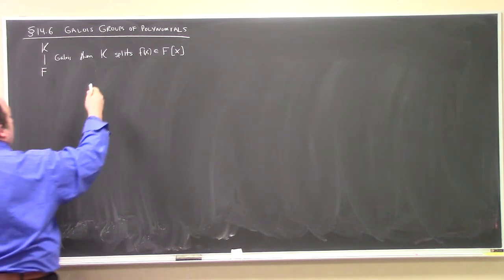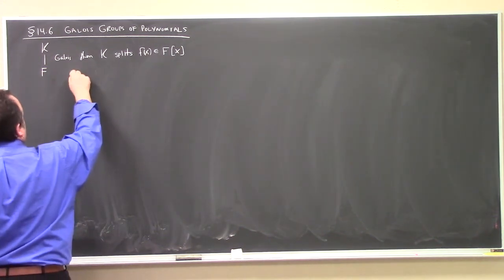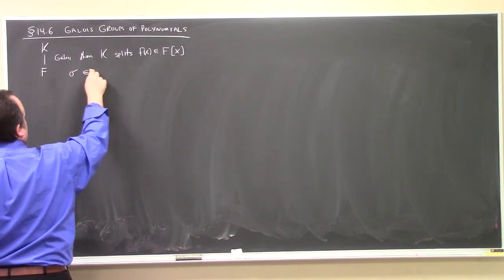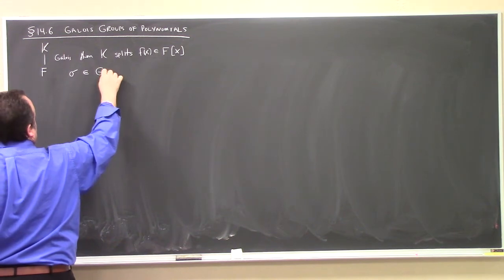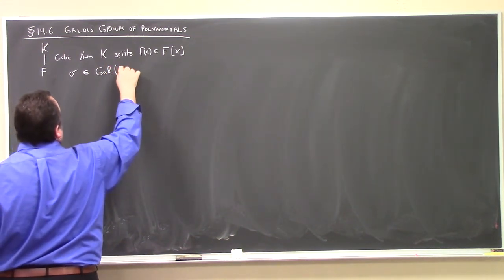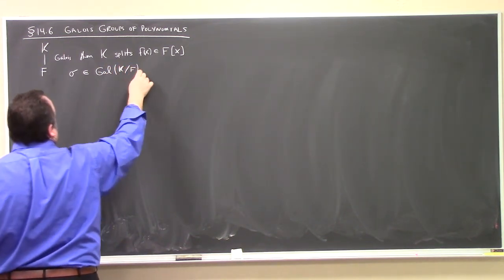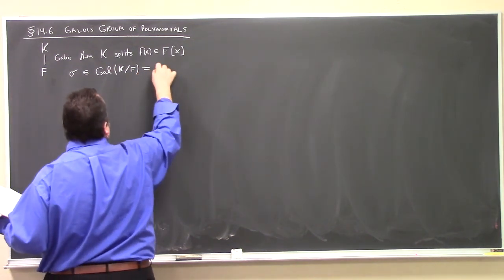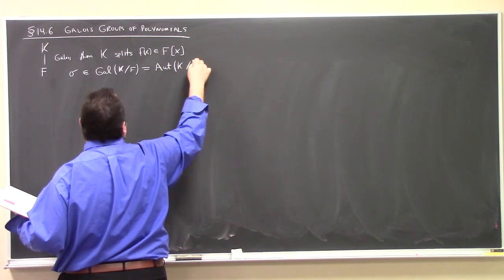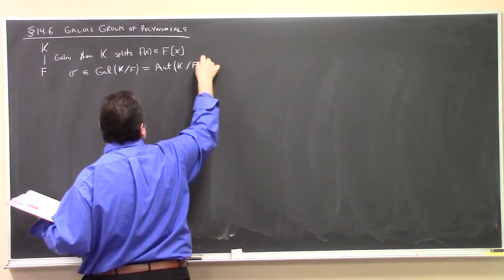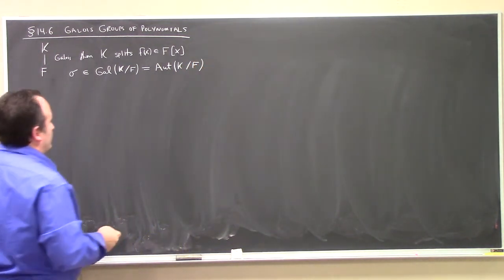And more than that, we know that if we look at sigma, an element of the Galois group of K over F, what was that defined to be? It was the F-fixing automorphisms of K, right?